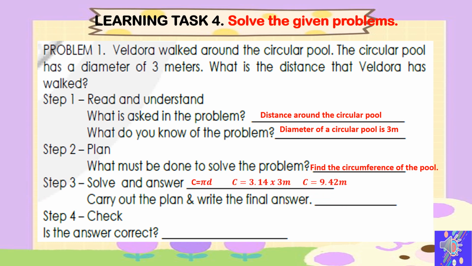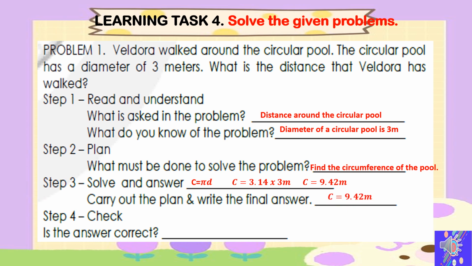Let us now solve. We have to use the formula C equals pi D. So that means C equals pi, ang pi natin is 3.14 times 3 meters. So the answer will be C, or circumference, is 9.42 meters.